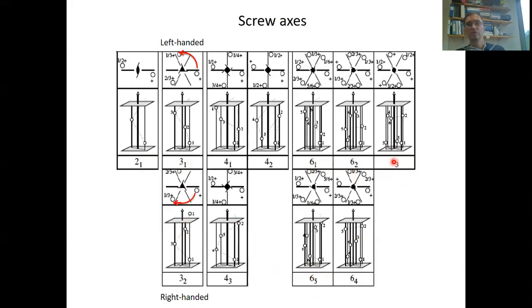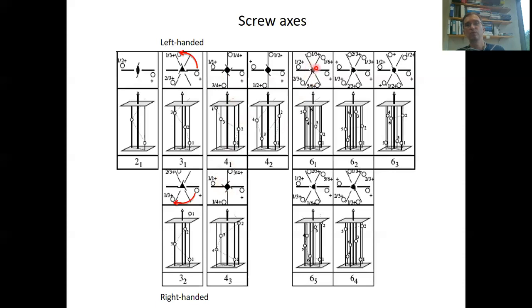So this gives you all the explanations for the screw axes that there can exist. So as you can see here, each of them in crystallography has its own symbol. We already discussed here the symbol for the two-fold screw axis and the three-fold one. So now for the four-fold ones, we have a square, and then we have the respective propeller blades associated with it.